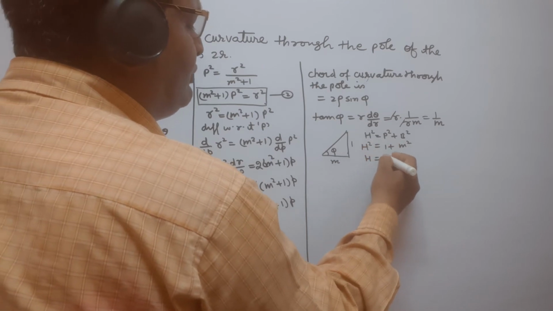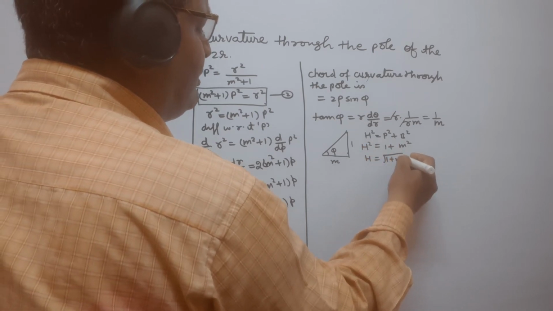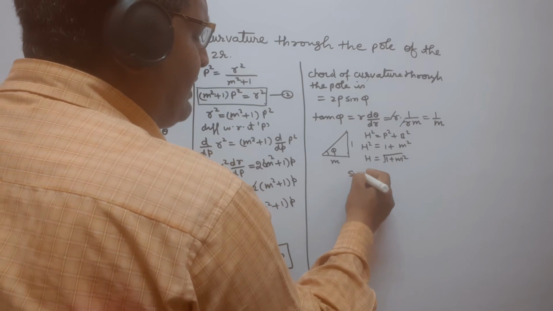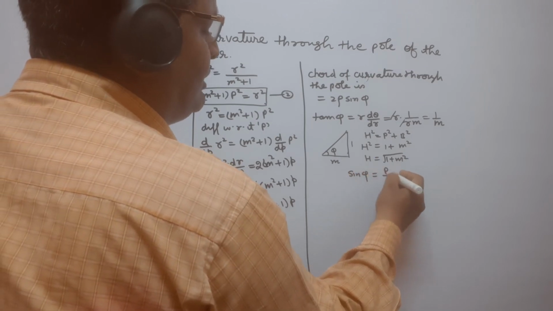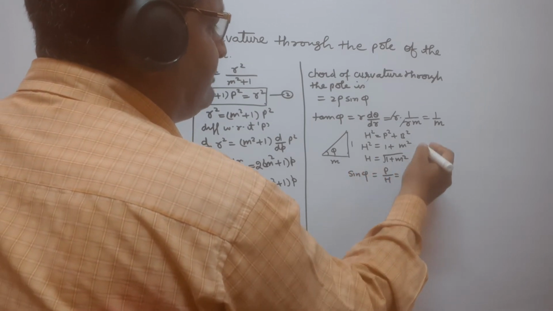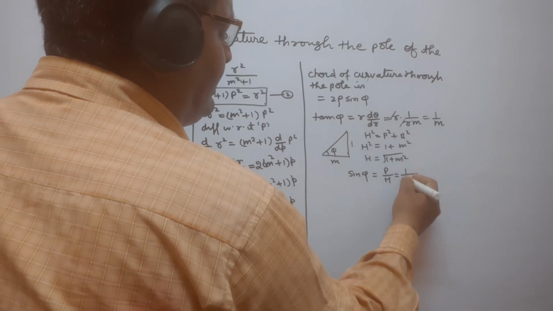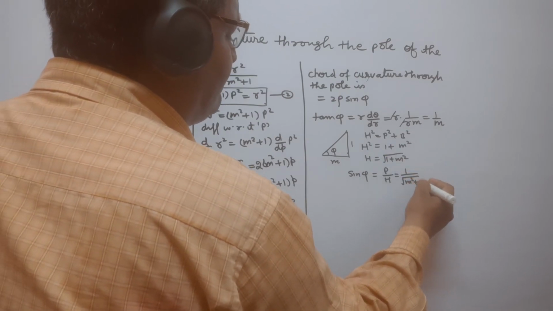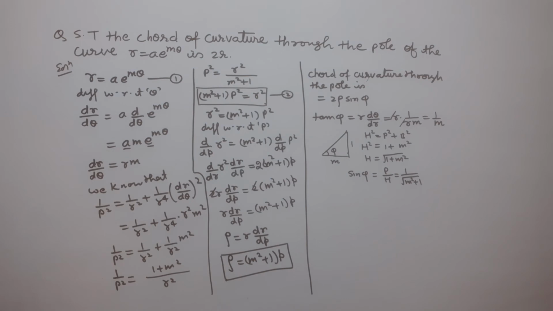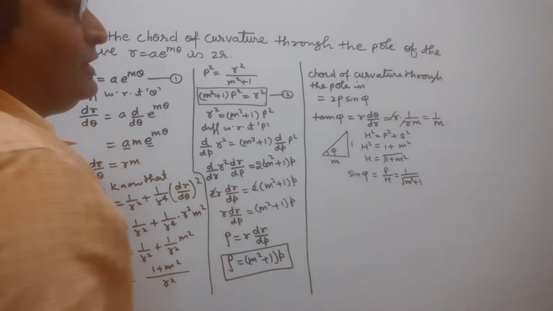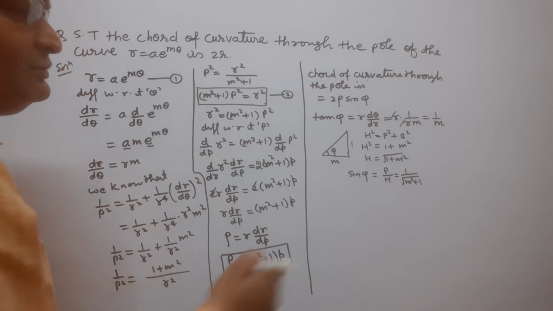So h is equal to under root 1 plus m square. So we get here sin phi is equal to perpendicular upon hypotenuse, that is perpendicular is here 1 and hypotenuse is root of m square plus 1. So put here value of sin phi and rho and get the chord of curvature through the pole.